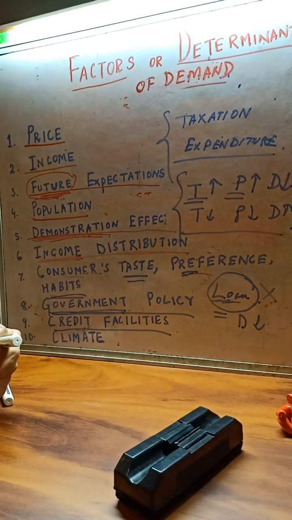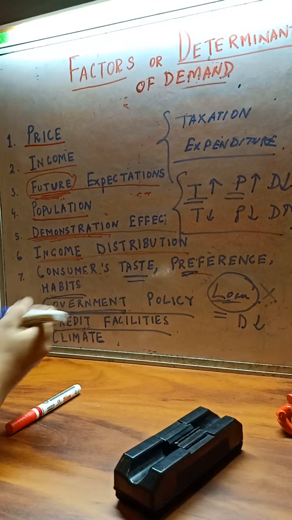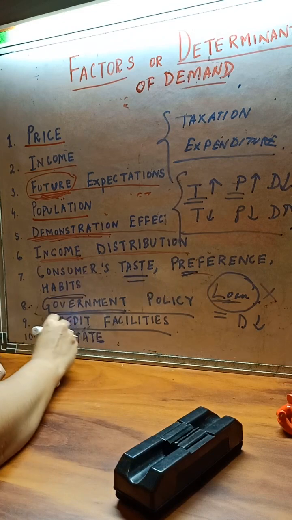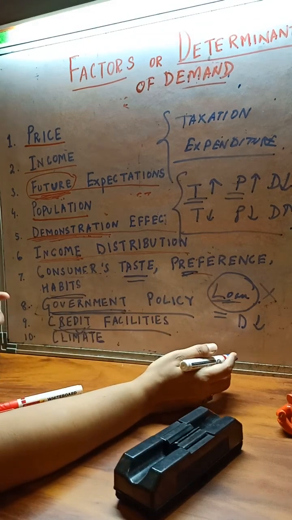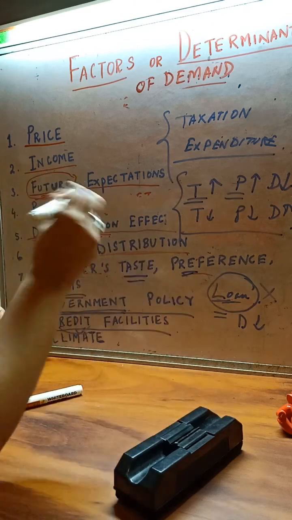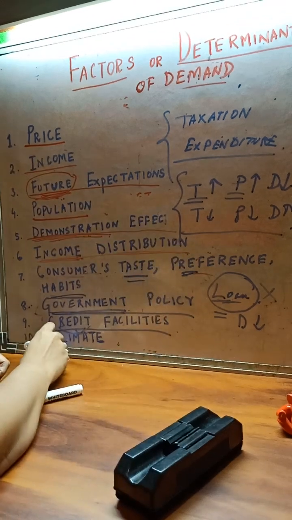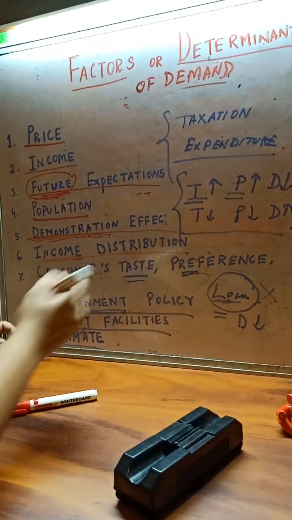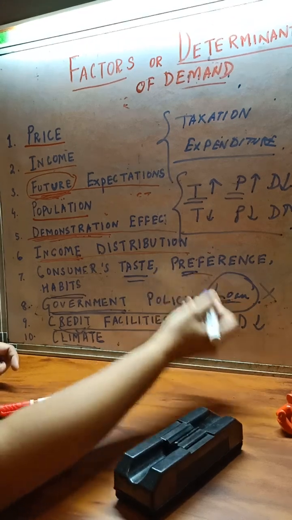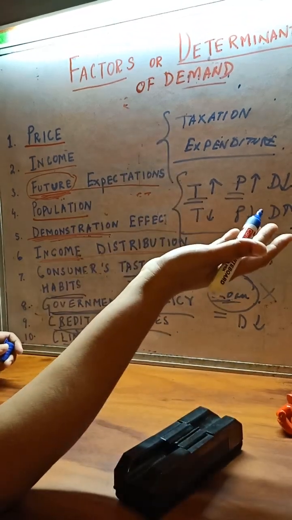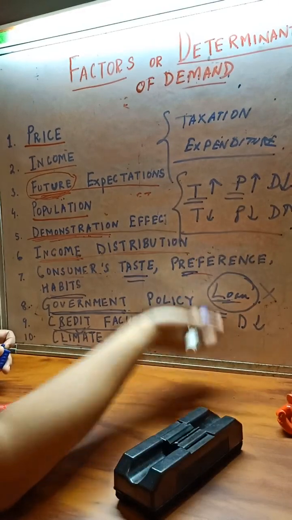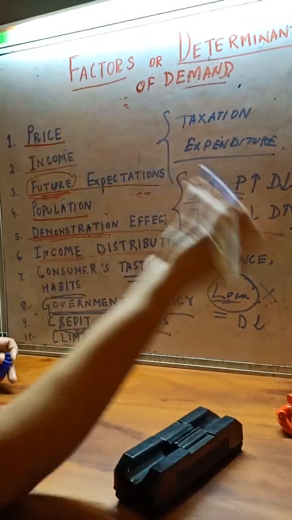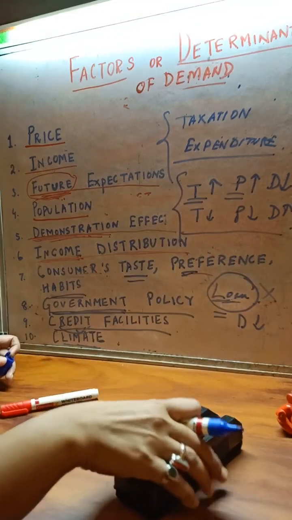So credit facility or loan facilities given by the bank definitely have a very impactful effect on demand. Next, we have climate. Now, if it is a summer season, definitely we will demand cotton clothes. We will not demand woolen clothes. If it is a rainy season, like it is now, it is raining very heavily.